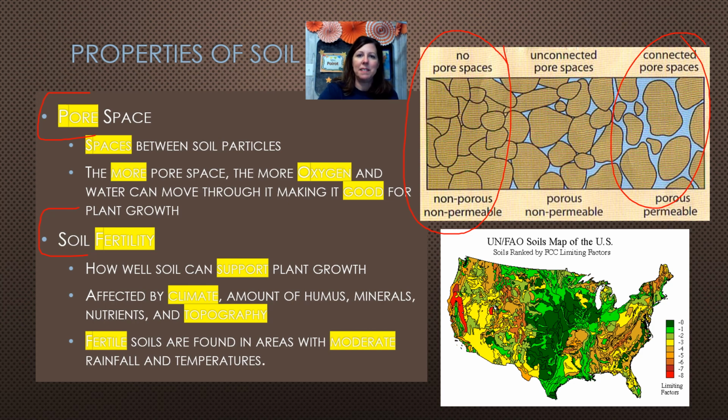We know that plants need water to grow, and in order to make soil, there needs to be plants there because they need to die and decompose and help make that top layer of humus. So it's kind of a cycle. If there's no plants growing there, you're not going to have good soil, so you can't really grow anything there.